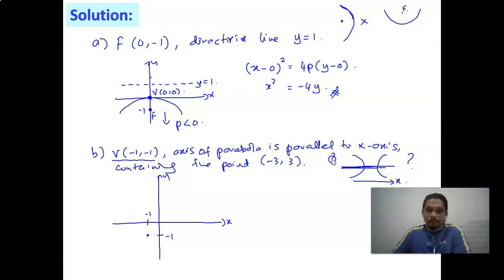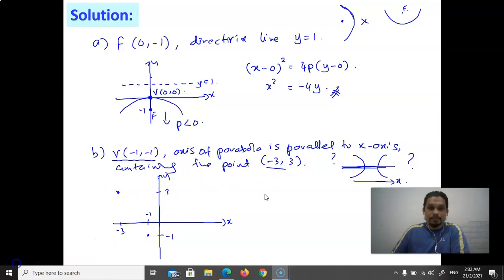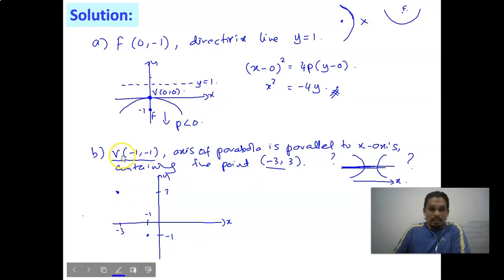Which one? Okay, the axis of the parabola is parallel to the x-axis and contains the point negative 3 and 3. So negative 3 and 3 here. So guys, this vertex of negative 1 and negative 1 and this point of negative 3 and 3 are coordinates on the parabola.